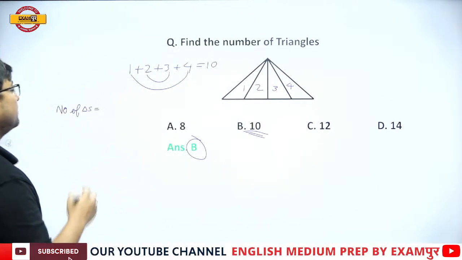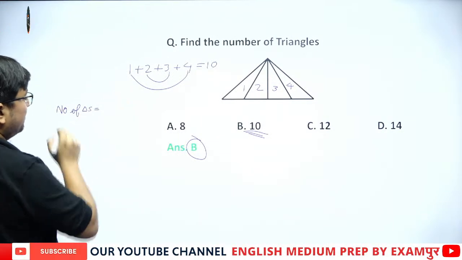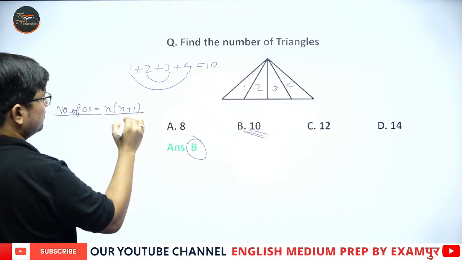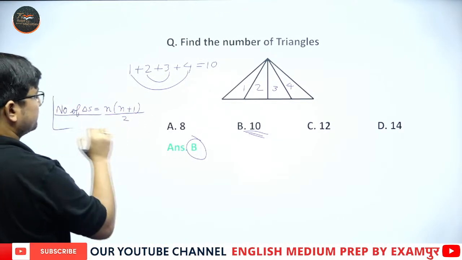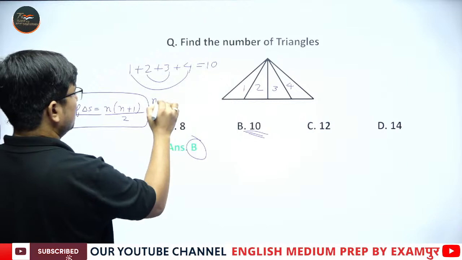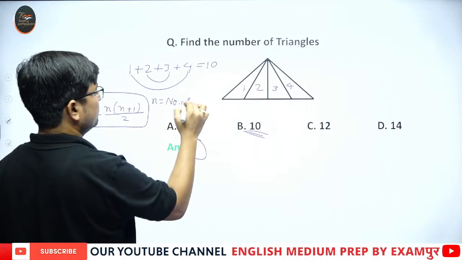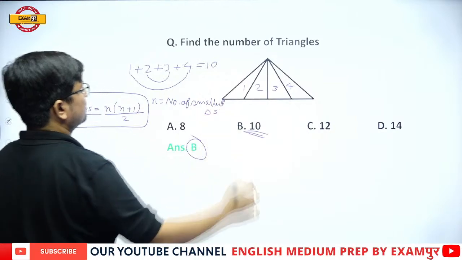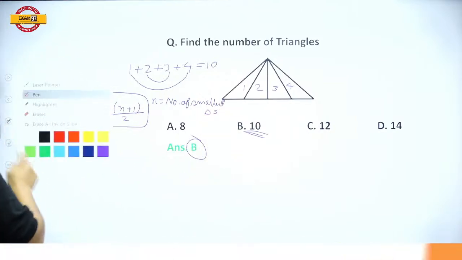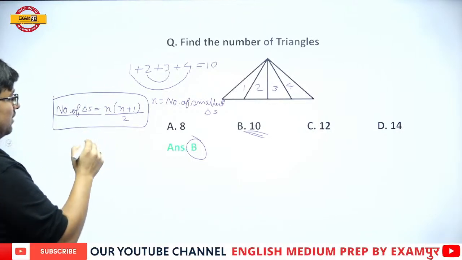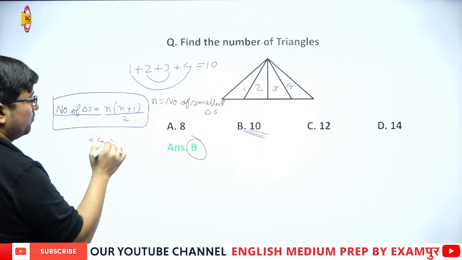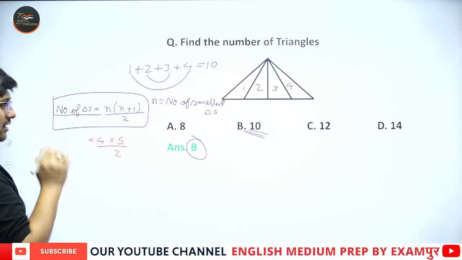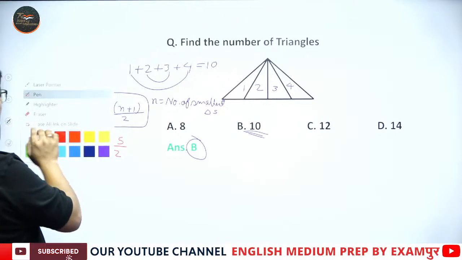Now see, the number of triangles over here is n into n plus 1 by 2, where n is equal to the number of smallest triangles. For example, n's value is 4, so 4 into 4 plus 1, 5, upon 2. Let me further elaborate this formula.